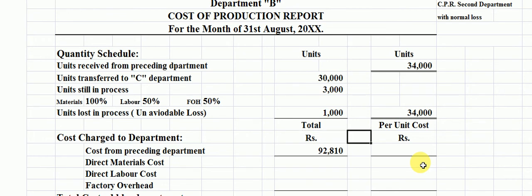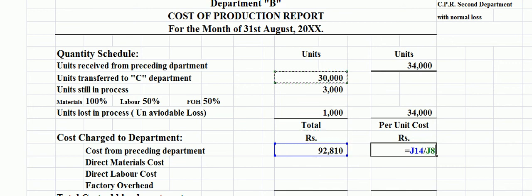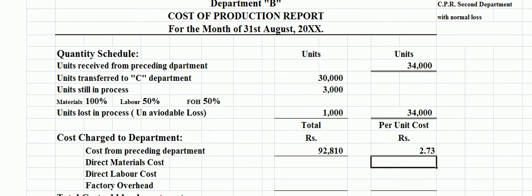Now we'll find out the per unit cost of the preceding department. We have to divide the cost by the units received from the preceding department. This is 2.73, the per unit cost from the preceding department.